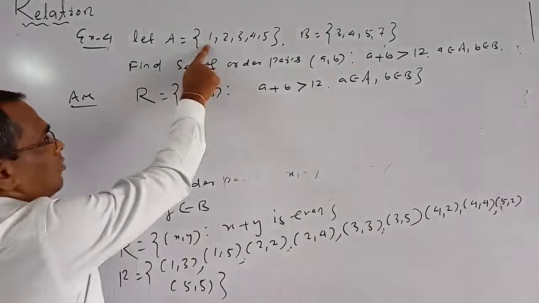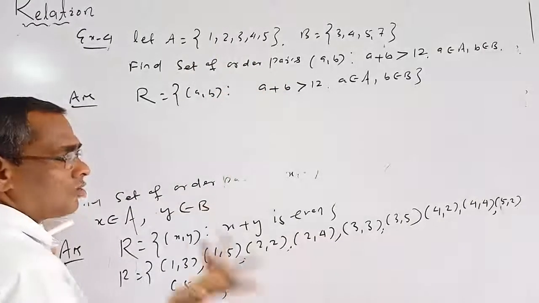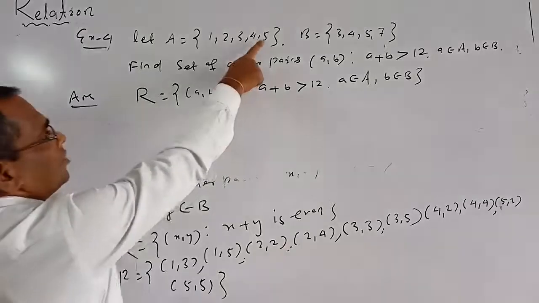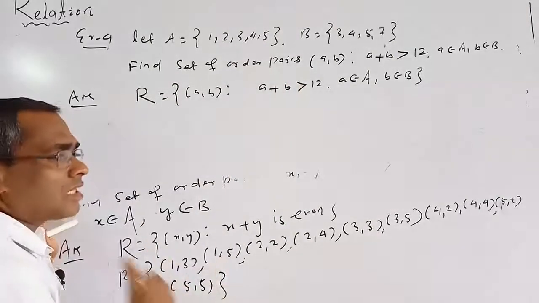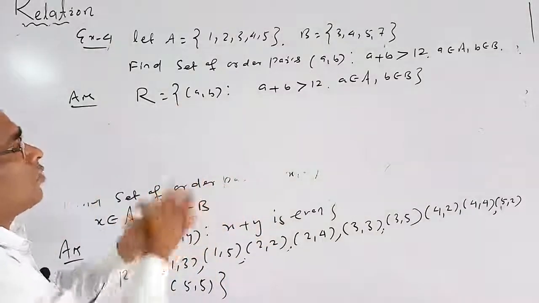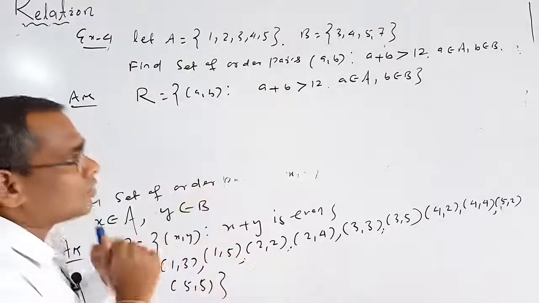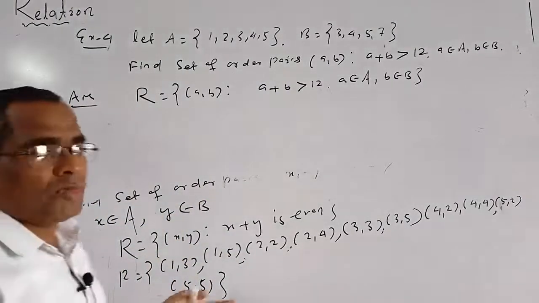If a is 1 and b is 7, then 1 plus 7 is 8, which is not greater than 12. If a is 5, 5 plus 7 is 12, not greater than 12; we need greater than 12. So there are no ordered pairs from A to B such that the sum of two numbers is greater than 12.